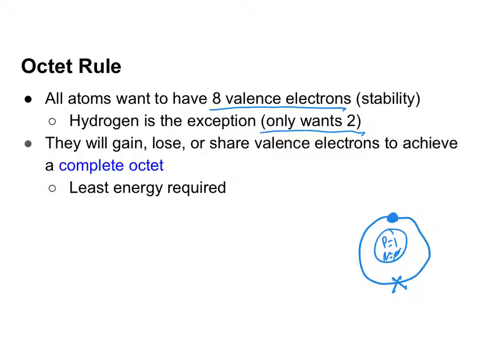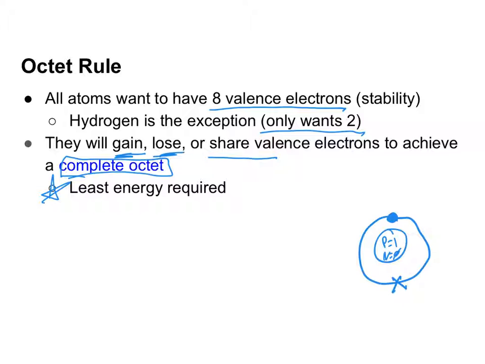Atoms will gain, lose, or share valence electrons with other atoms in order to achieve this complete octet. They will do something different depending first on what other atoms are around and available for them to react with, and on whatever is going to require the least energy.